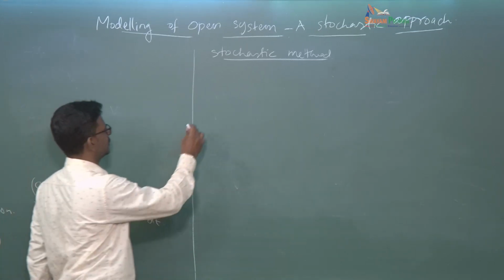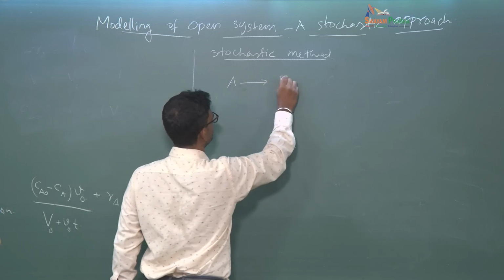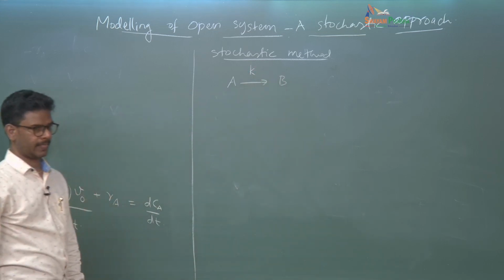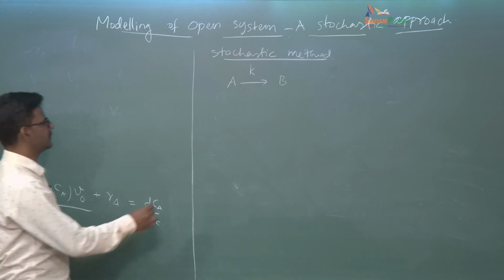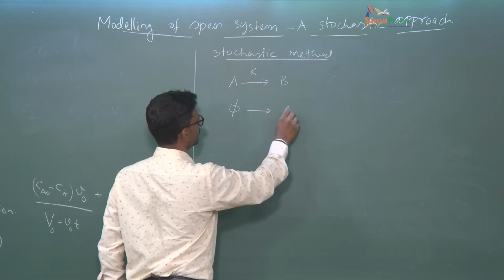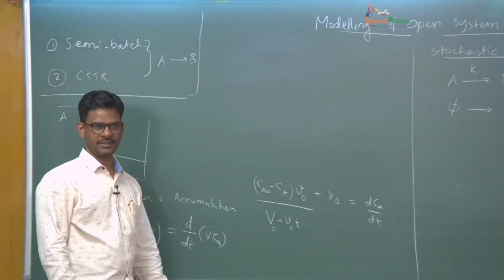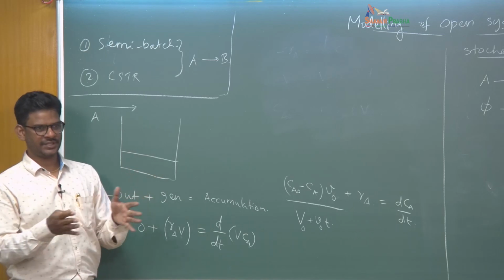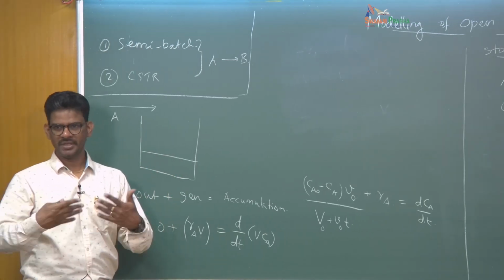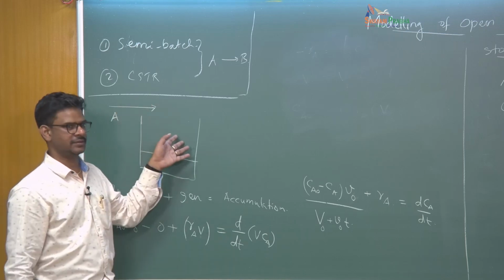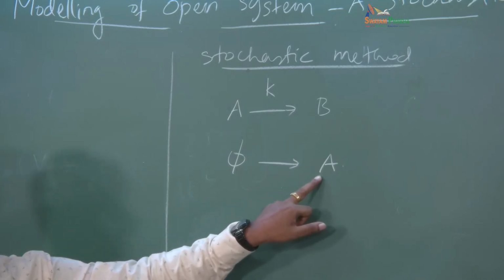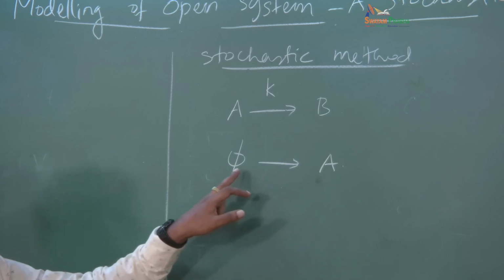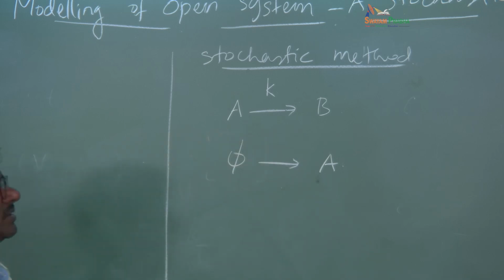So in the stochastic approach, we have this A going to B with some rate constant K. This we have, and then to model this incoming injection, we can imagine this is another reaction where you have some source bringing in some A. So I'm just mapping this open system into a cascade of reaction system that mimics this injection of molecule A. Now A is also getting created as if somebody is putting some amount of A with some constant here, and this constant we can call maybe a.